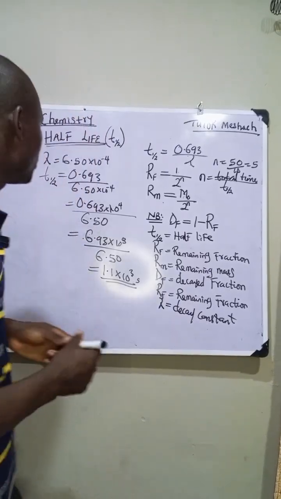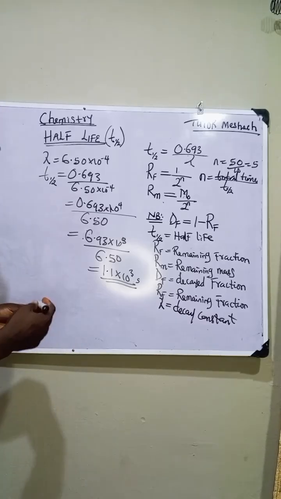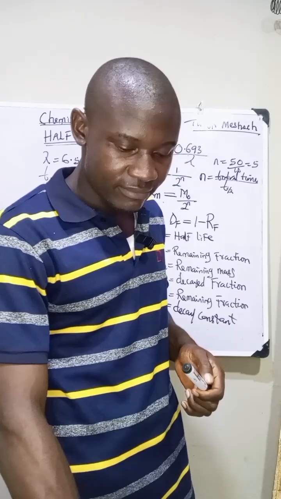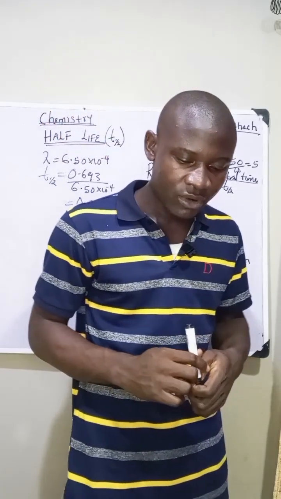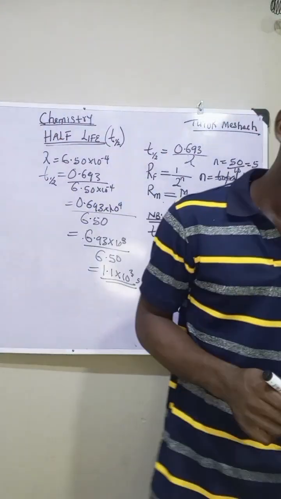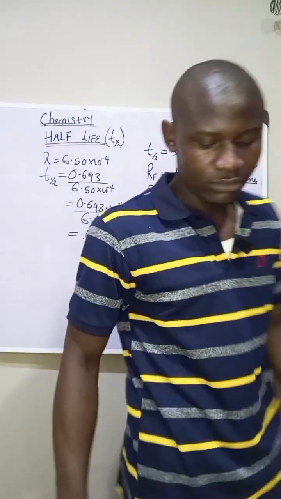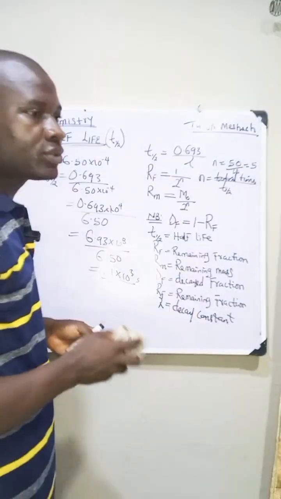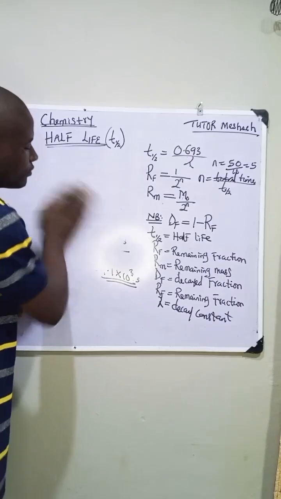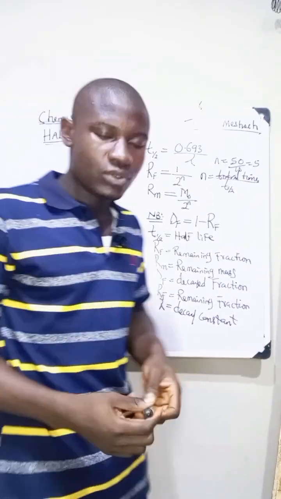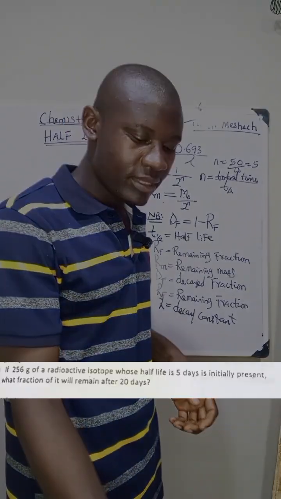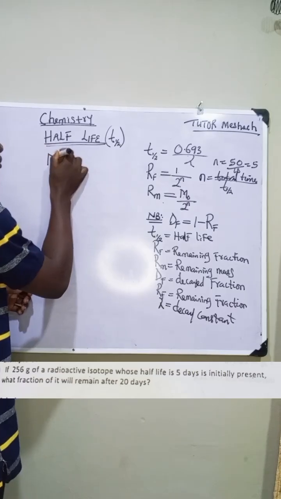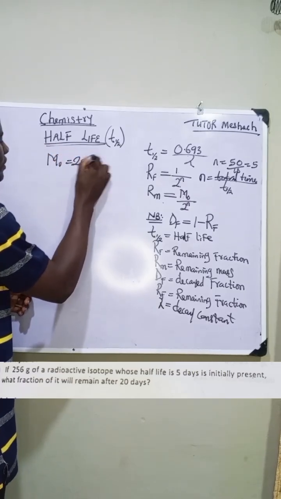Okay, proceeding to question 2, we'll solve question 2. It says if 256 gram of radioactive isotope, that is the initial mass, is 256 gram.